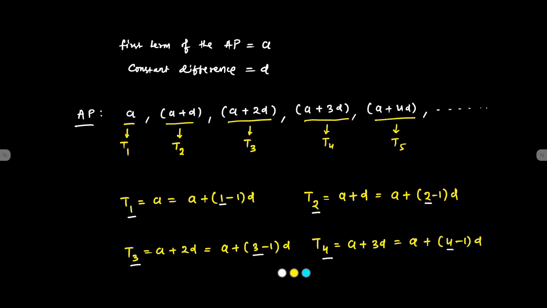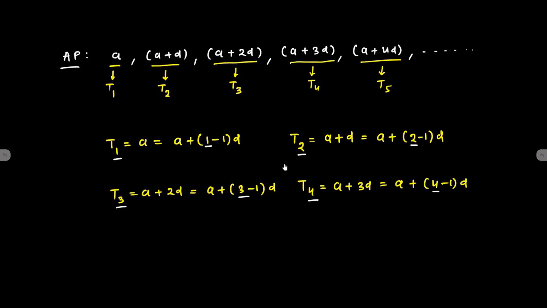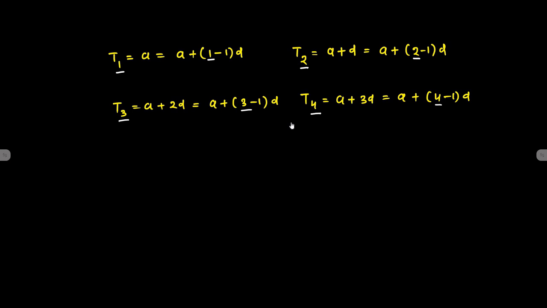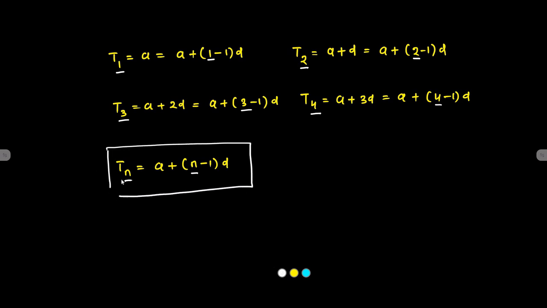If we have to find any particular position, the nth term, let's say Tn, it will be A plus n minus 1 into D. This is the general formula for the nth term of an AP.